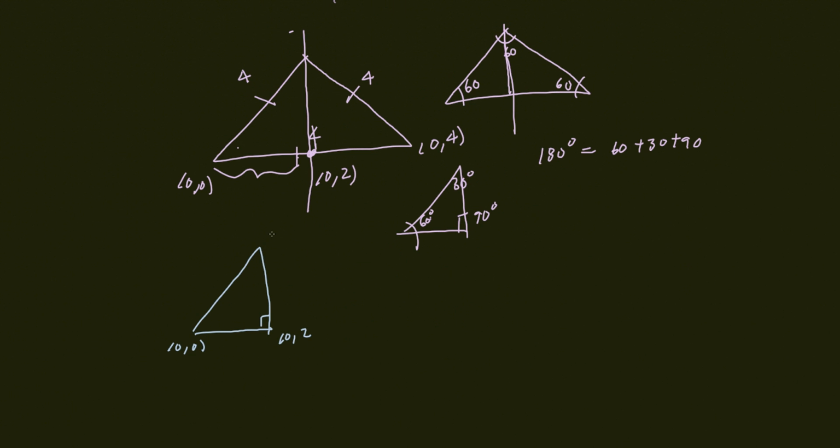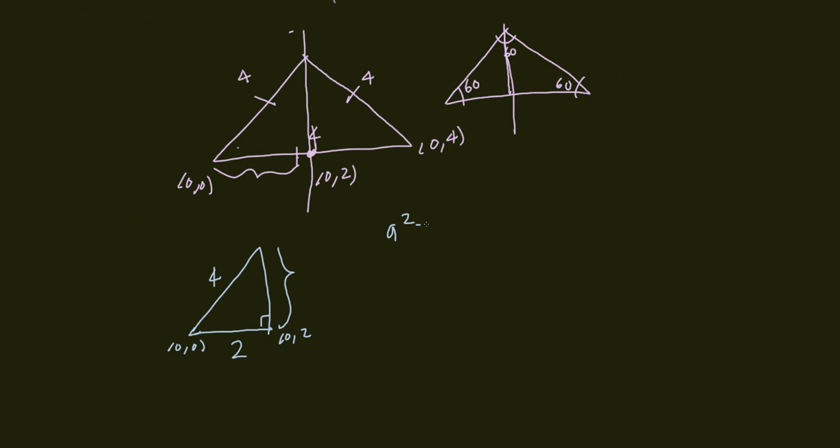But how does this help us? Well, we know that this side is still 4, and this side is now 2. Oh, what do we see? We see a right triangle, and then we can use the Pythagorean theorem to find the other side. We can find this length here using the Pythagorean theorem.